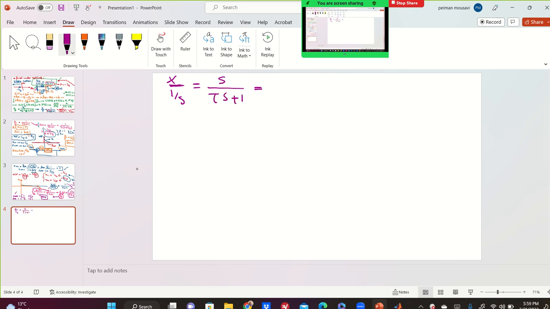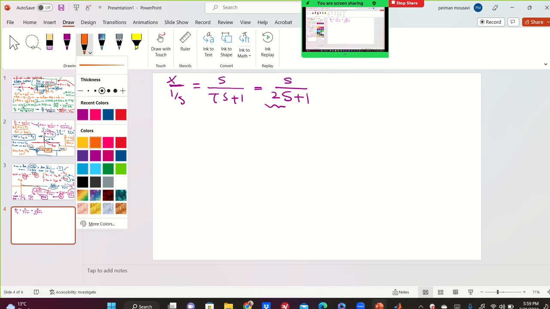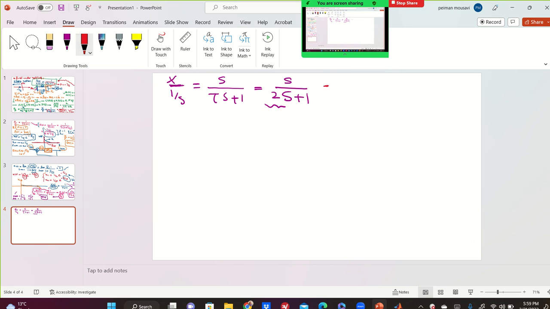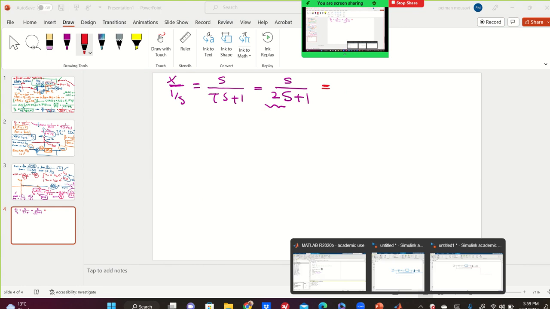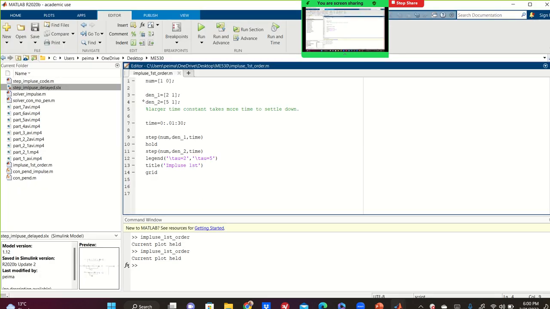Let me stick to the example of tau is 2, because it's numerical in Simulink. So now you have to find your open loop transfer function for Simulink. For MATLAB coding, you have to put the closed loop transfer function.